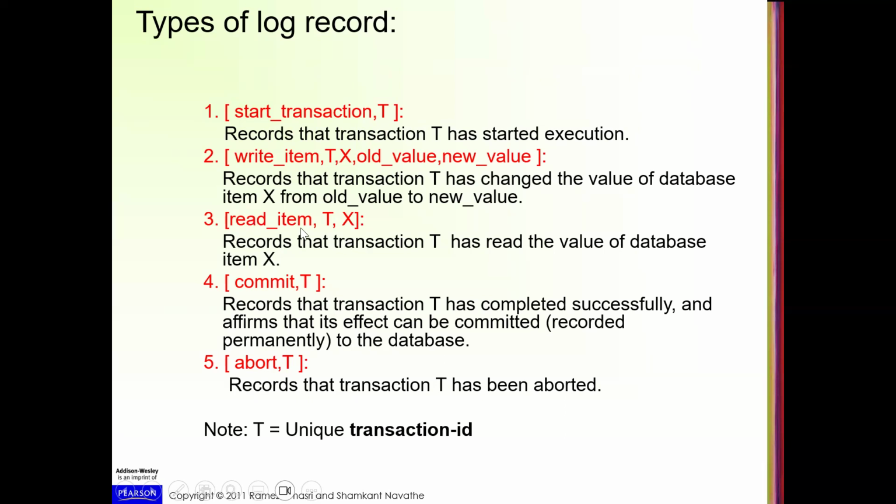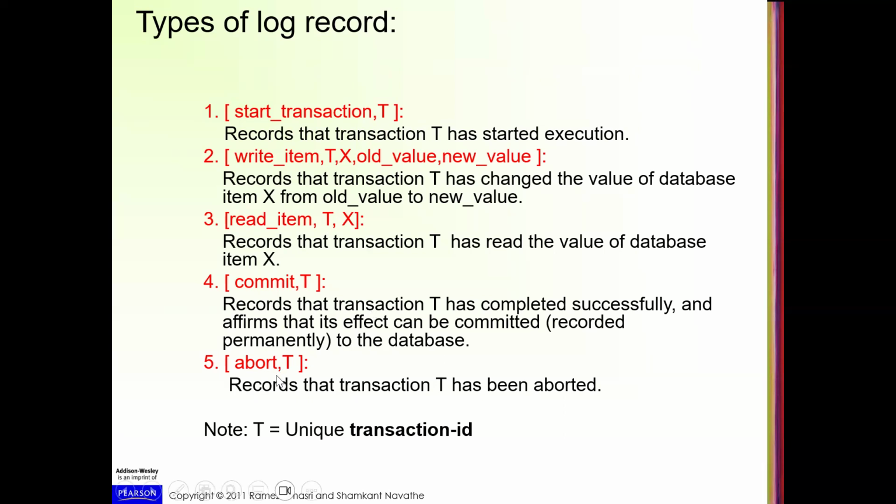Then we have read_item, transaction T on item X. It means that transaction T is reading the item X. Commit, transaction T, means the transaction is recording the changes that have been performed into the database by the transaction. So it is like committing the transaction.